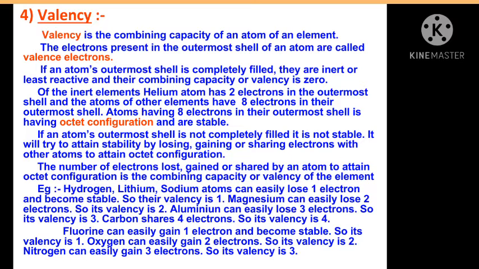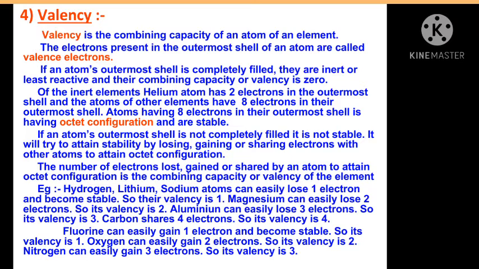An outermost shell which had 8 electrons was said to possess an octet. Atoms would thus react so as to achieve an octet in the outermost shell. This was done by sharing, gaining, or losing electrons.